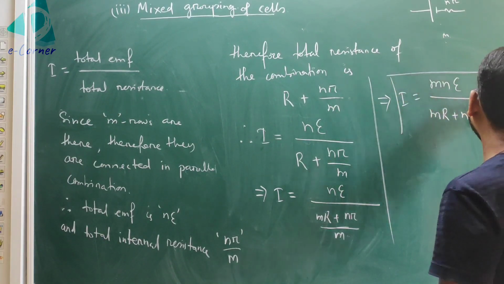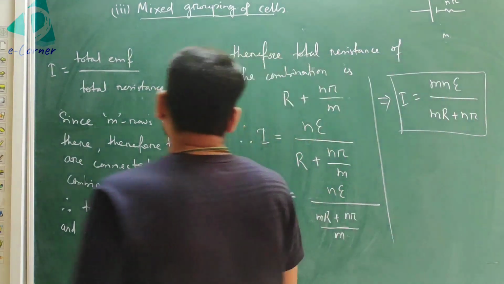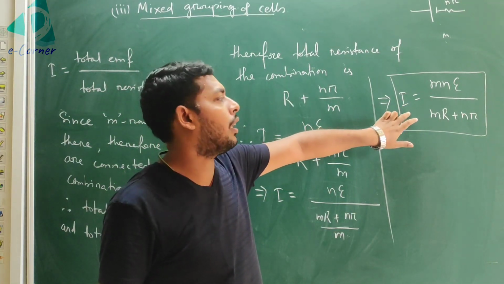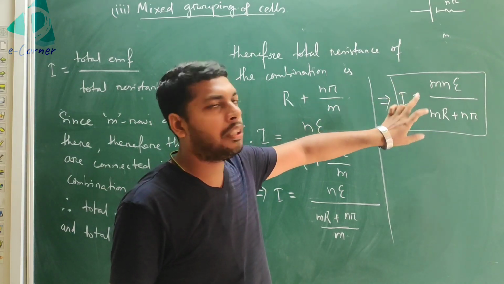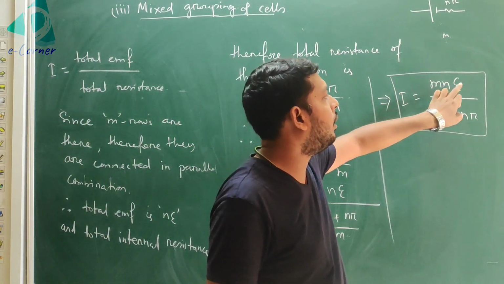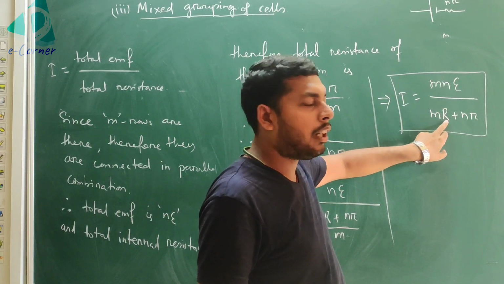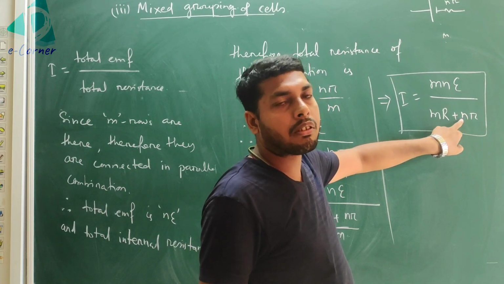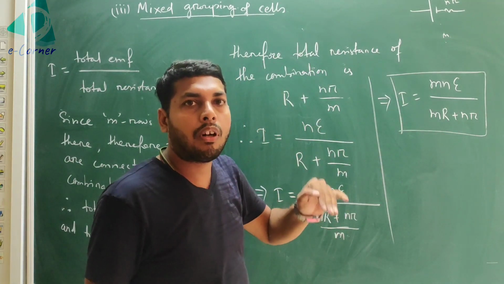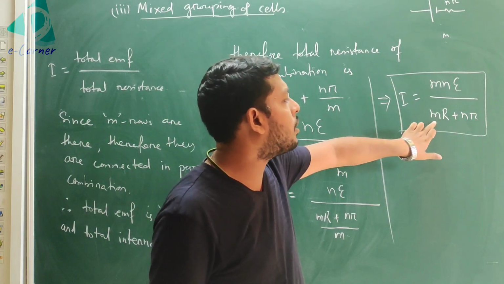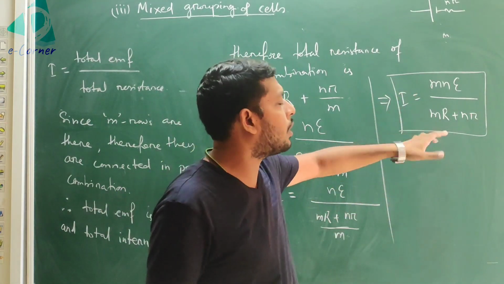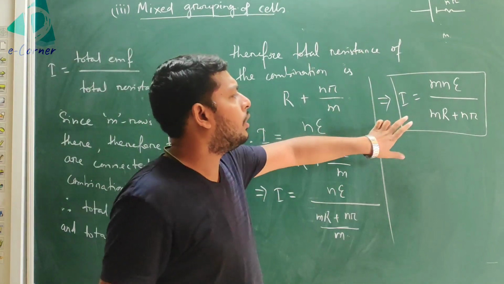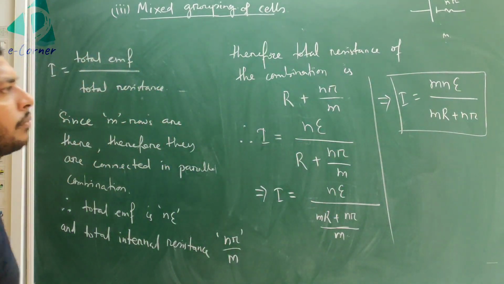This is the final expression for the current through the main circuit or through the external resistance R, m into n into E divided by m into R plus n into r, where n is the number of cells connected in a row or in series, and m is the number of parallel rows. Got it? So you have to remember this expression for numericals.